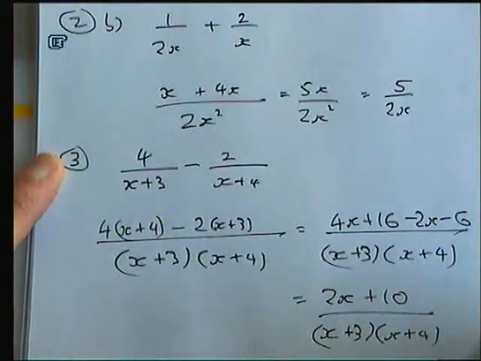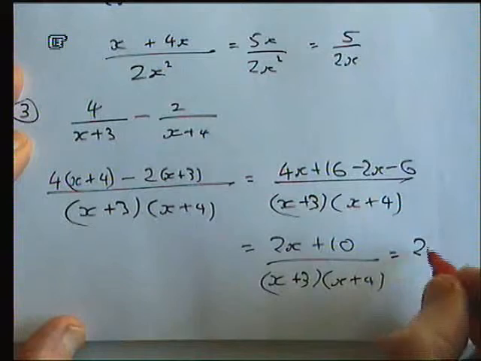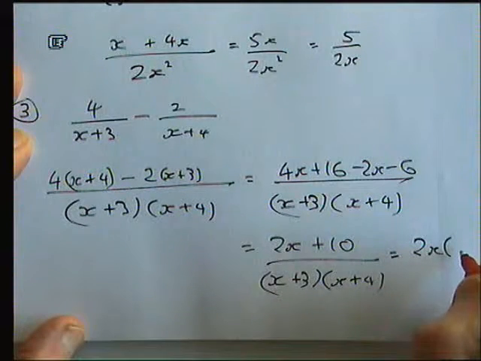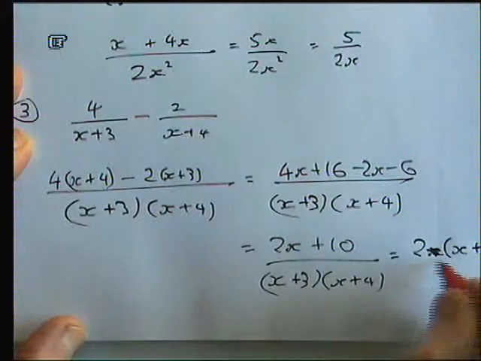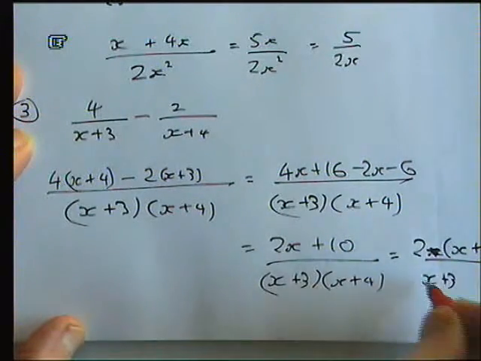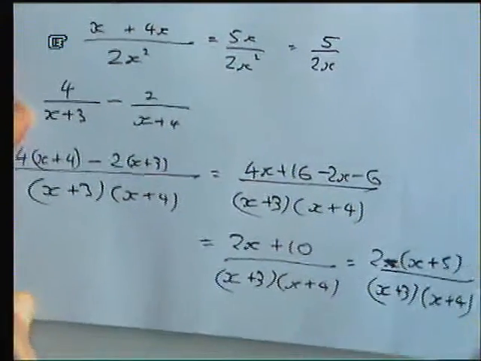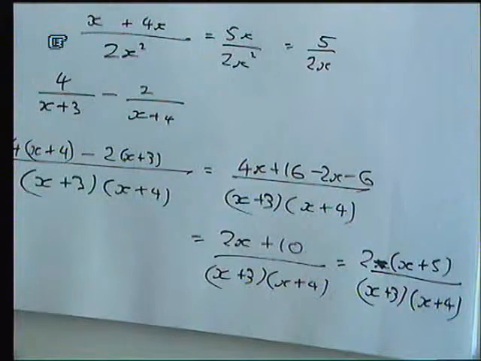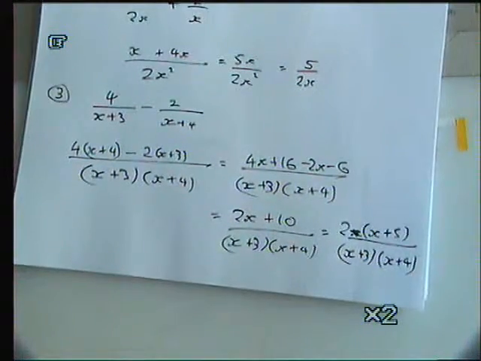Anything else I can do here? I could take 2x out, so 2x plus 5. Okay, this question, it hasn't happened, but often you then get a bracket on the top which is also on the bottom, so that you can cancel those out as well. Didn't happen in this question, but look out for that sort of thing. Okay, that was question 3.